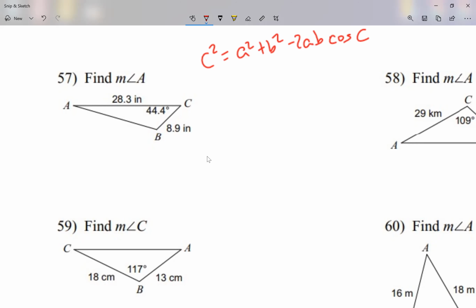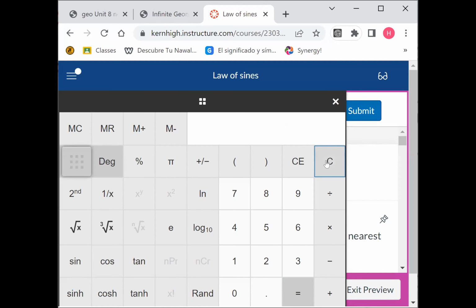So I have C squared, I have side A, I have side B. Let me just type it in my calculator. So C squared is equal to 8.9 squared plus 28.3 squared.